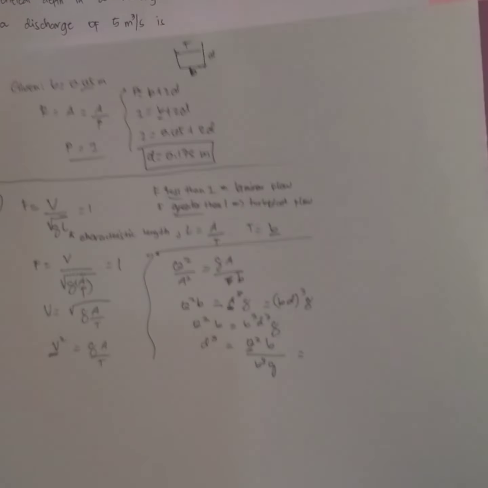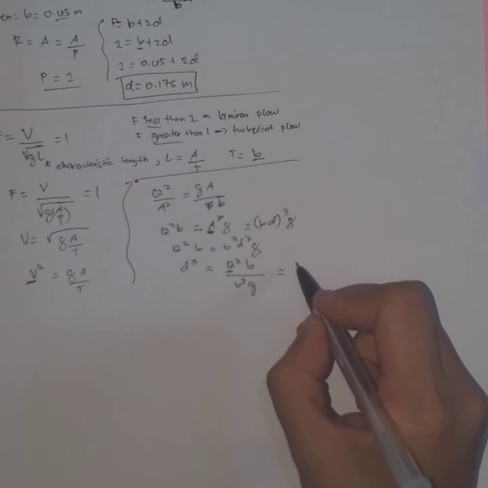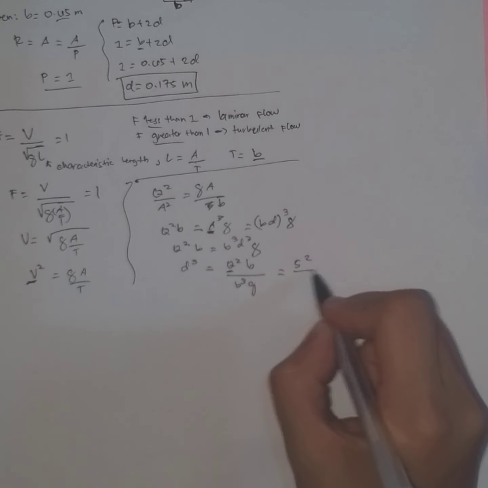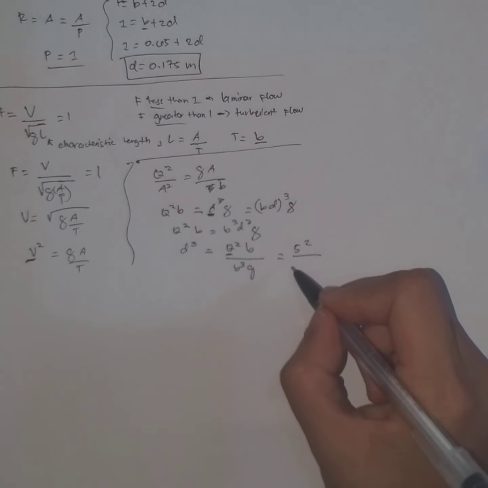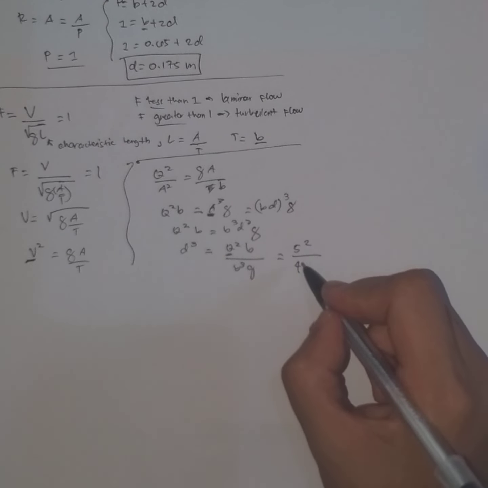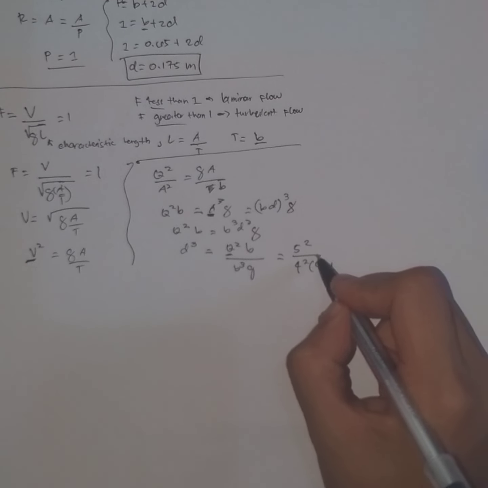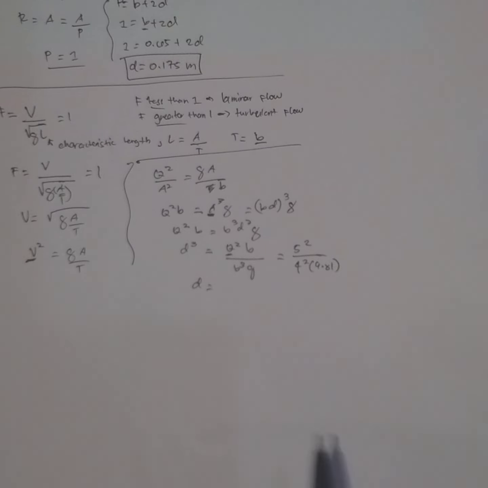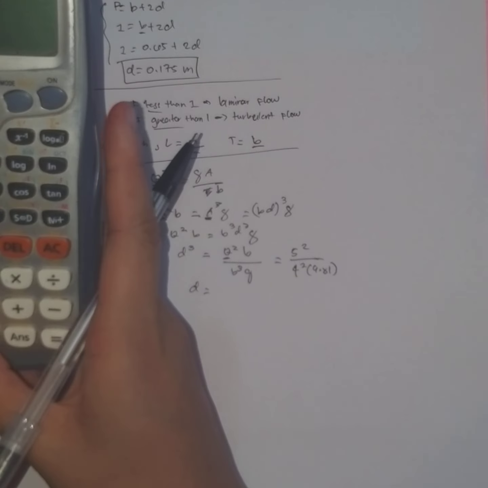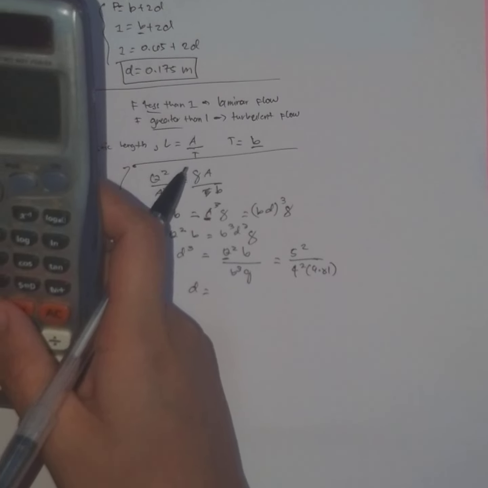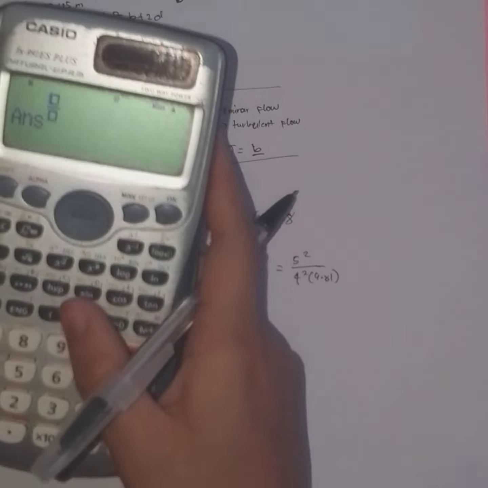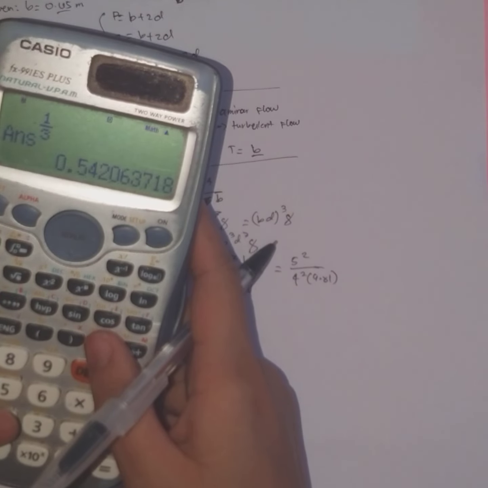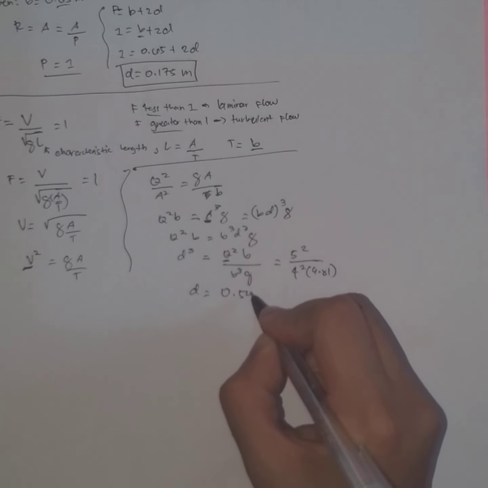Here, discharge is 5 cubic meters per second. 5 squared over B cubed, that is the bottom width 4 cubed, 4 cubed times 9.81. D is the cube root of 25 over that. That's 0.54 meters.